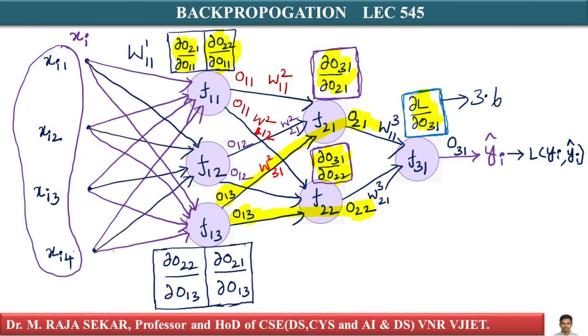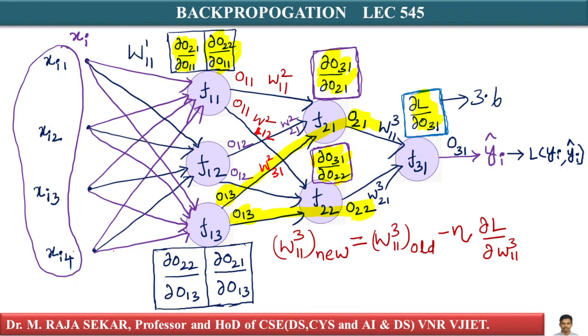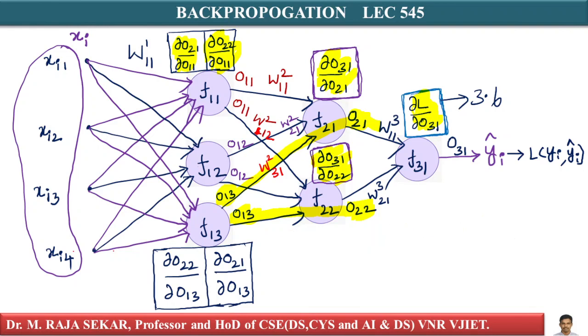The second part of it is, once we have the loss, I can start computing these derivatives, dou L by dou O31, like that, isn't it? Once I have the loss function, I can calculate this.